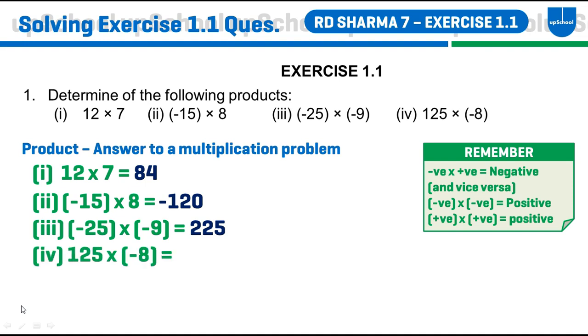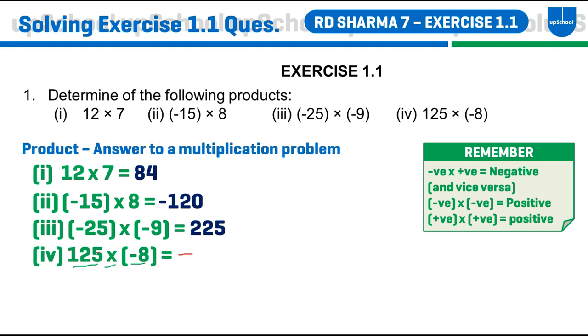Now let's move on to the fourth sub-question. So as we learned, any positive integer that's multiplied by a negative integer, the answer is going to be negative, alright? Any positive integer multiplied by a negative integer, the answer is going to be negative.